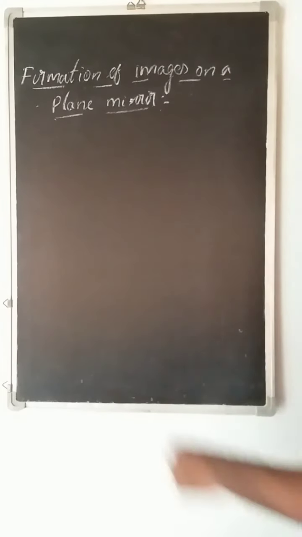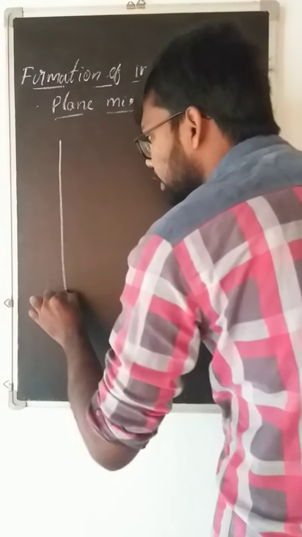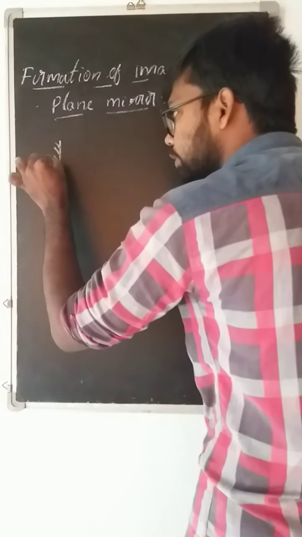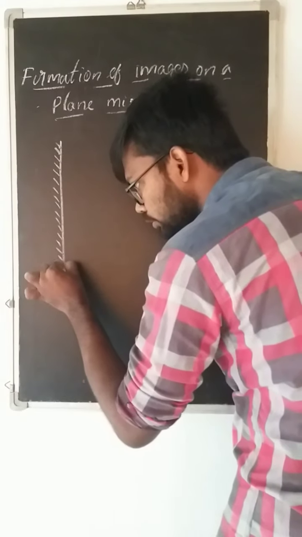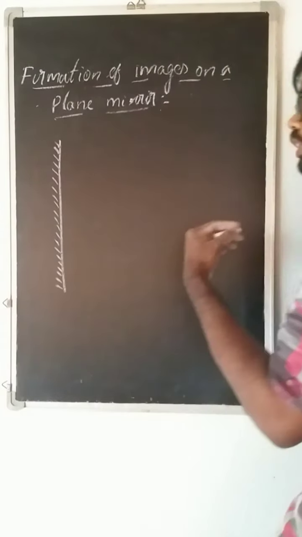For example, we already know the difference between plane mirror, spherical mirror, as well as all this. Okay. For example, this is a plane mirror. This one we already discussed in the previous video. Again we are discussing. Okay.